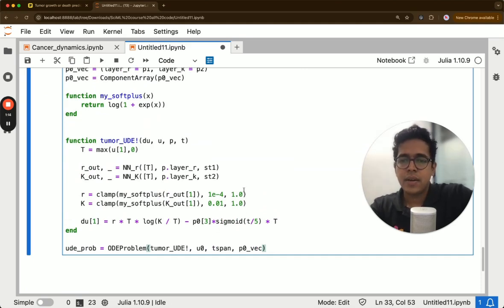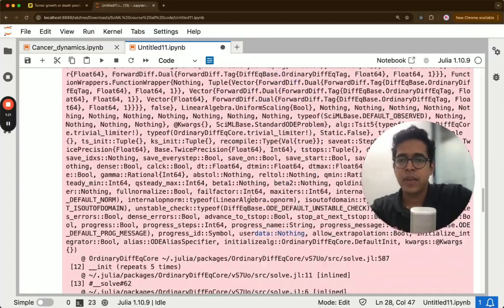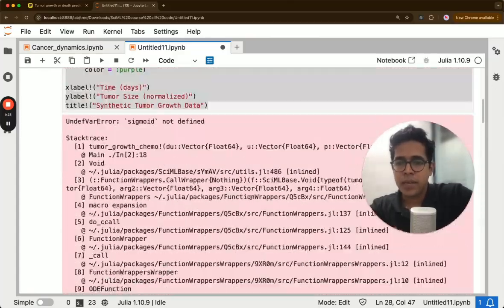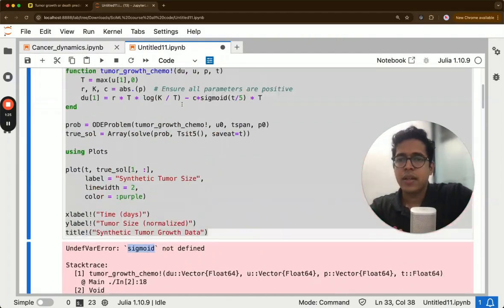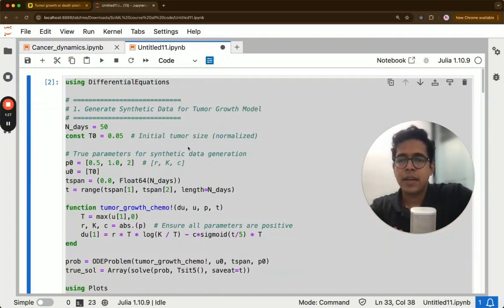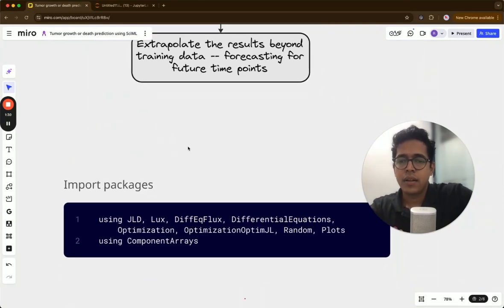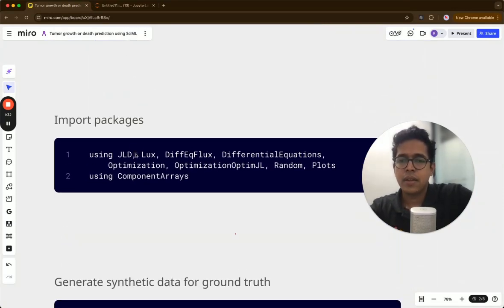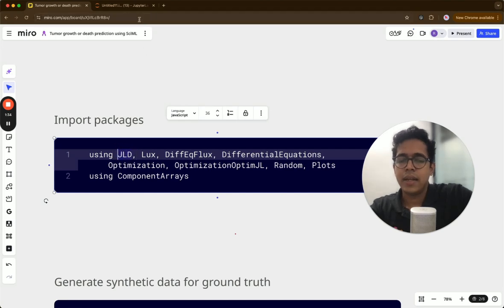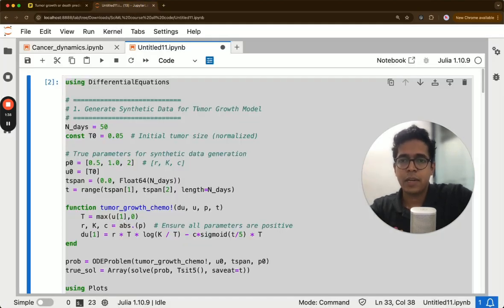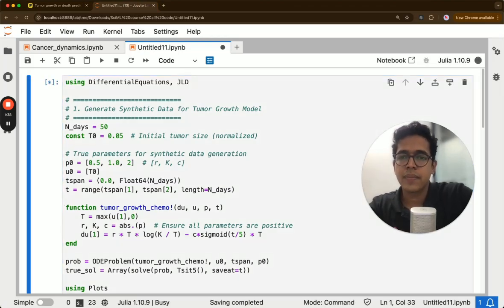Then here we changed the R value clamping, right? So this was 2.0 and 2.0 earlier. Now I changed it to 1.0. Okay, here there is one more issue that has occurred. Sigmoid is not defined. And sigmoid must be defined in, maybe let's use JLD. I'm also not sure which exact package uses sigmoid.